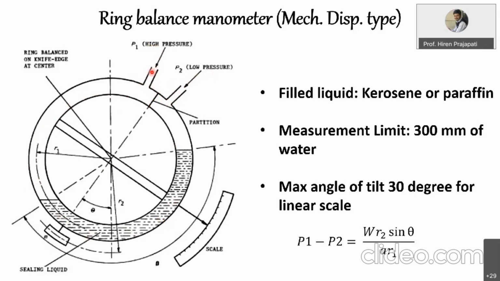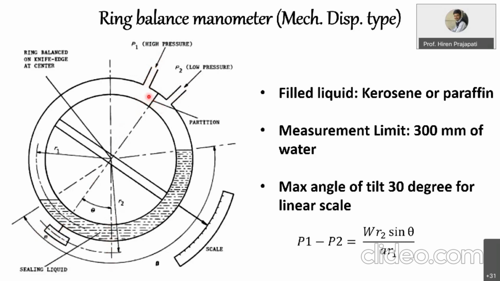Suppose both the ends are open, then pressures are balanced on both sides. Both sides have atmospheric pressure. At that time, the mass attached to this tube will remain vertical, right?